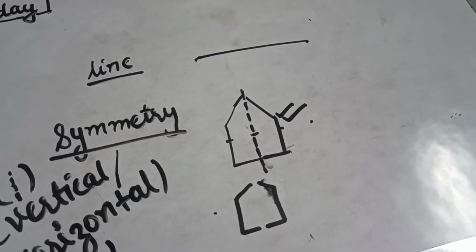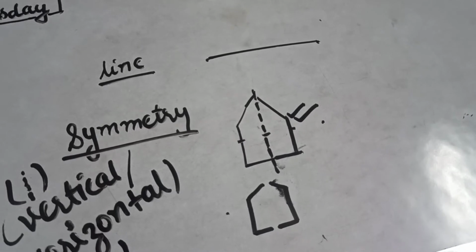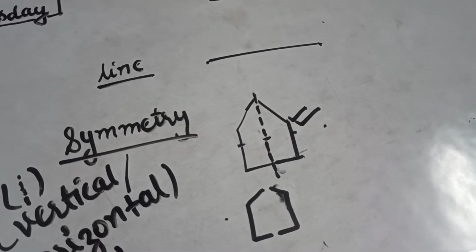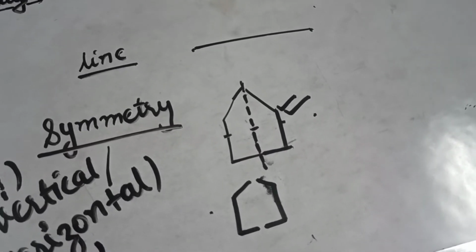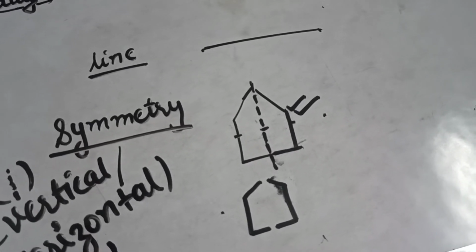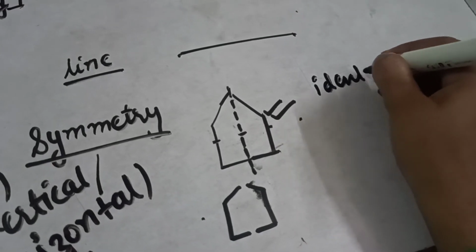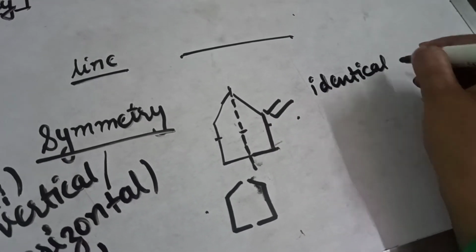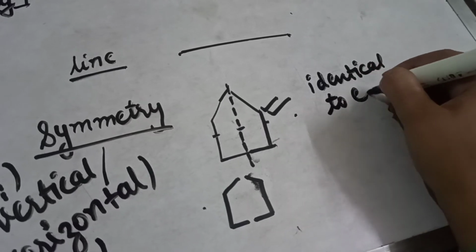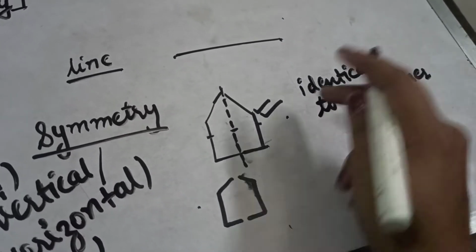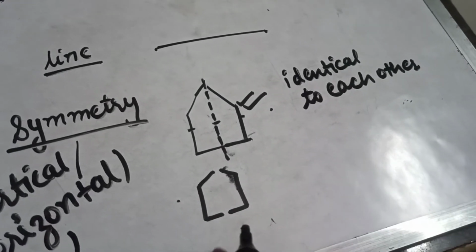Whenever a line divides the object into two or more parts which are identical to each other. Identical means both are equal to look at.